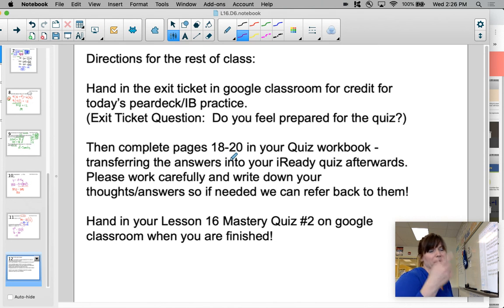It's right here in my book, but I just typed in the wrong one on the quiz. So please be careful when you are transferring your answers into iReady and also writing it down so that we can refer back to it. Make sure you're handing in the fact that you completed the quiz in Google Classroom so that I can give you your grade back. That's it.